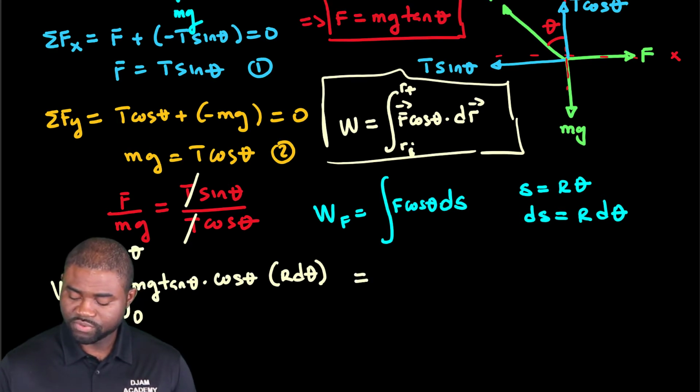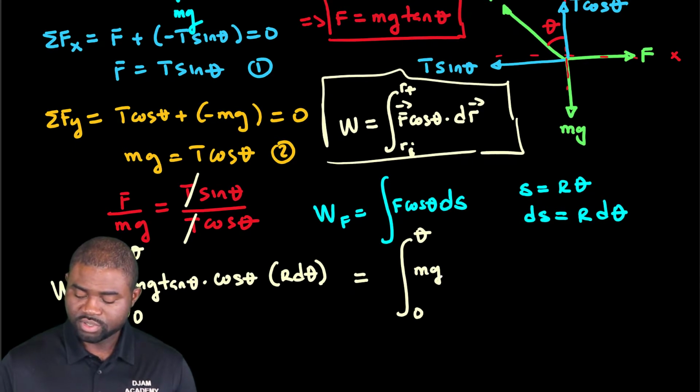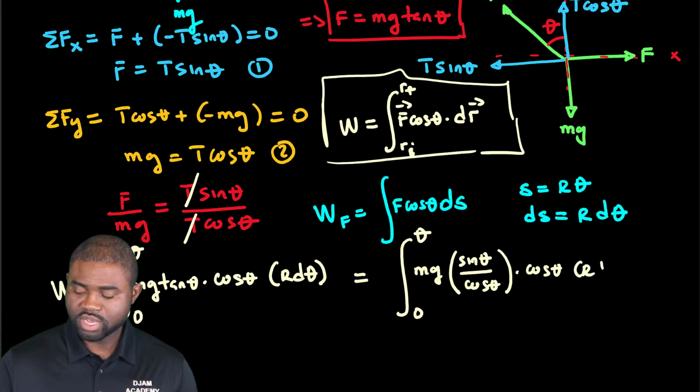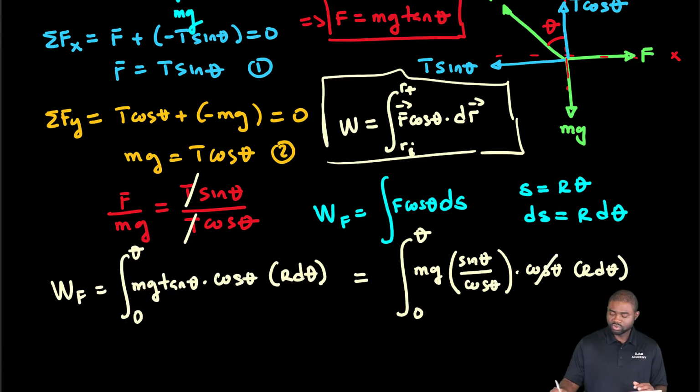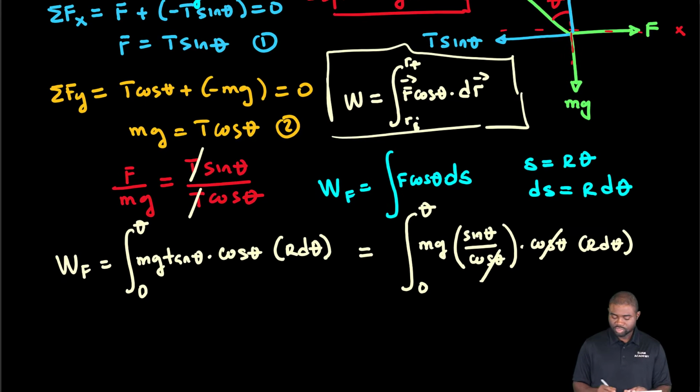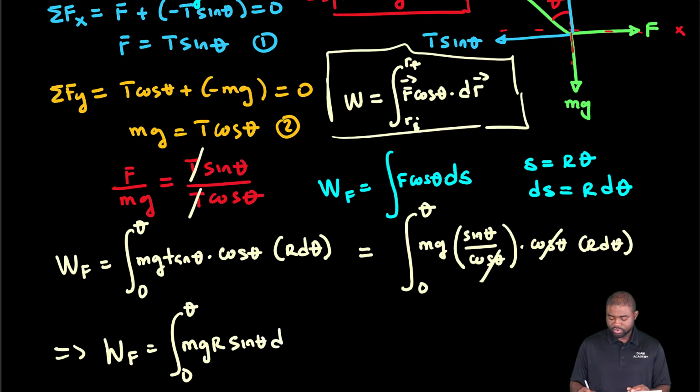So this can be rewritten as the integral from 0 to theta of mg, sine theta divided by cosine theta, multiplied by cosine theta r d theta. The cosines can cancel each other. This would mean that the work done by F is the integral from 0 to theta of mgr sine theta d theta.